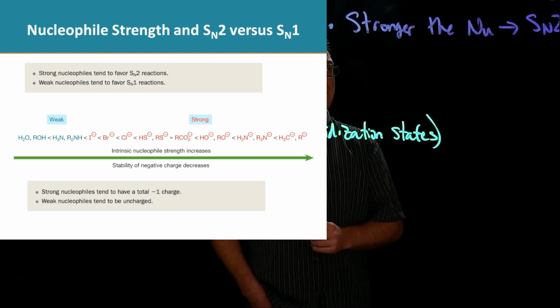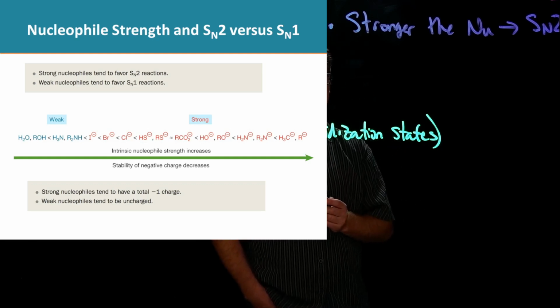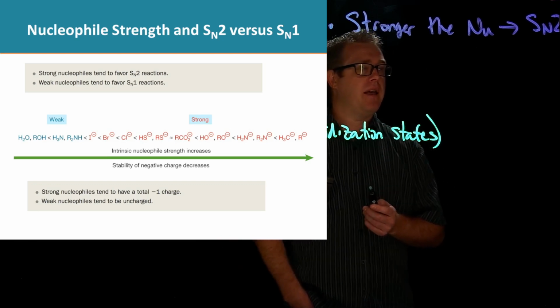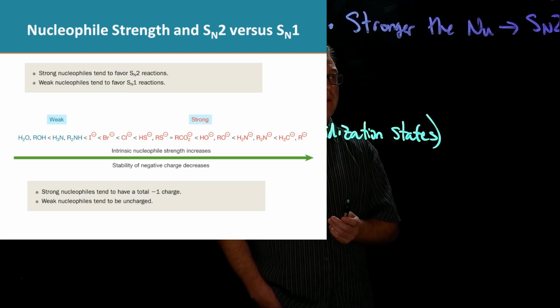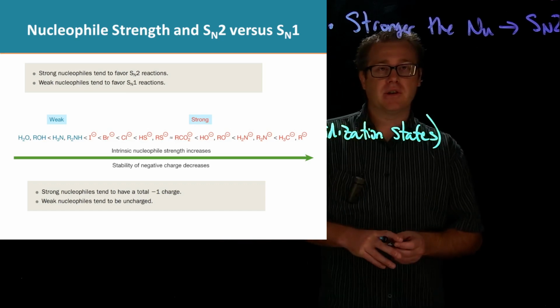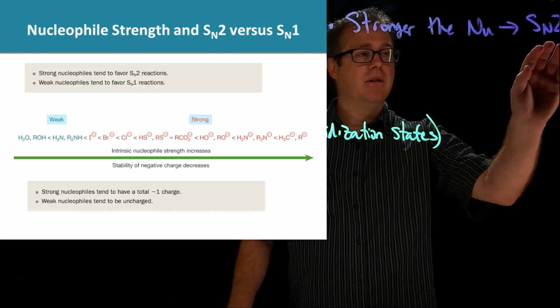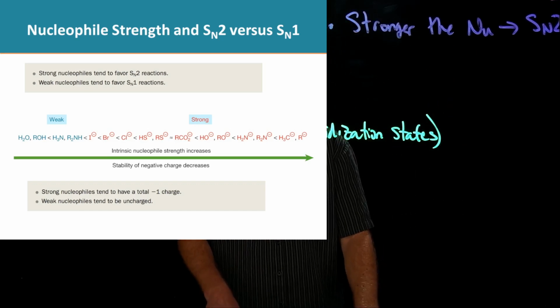And what you're seeing there is that typically strong nucleophiles are negatively charged. And then the weak nucleophiles are generally neutral. And so we're going to focus our attention on the strong nucleophiles at the moment and how they favor or promote an SN2 reaction to make them go faster.